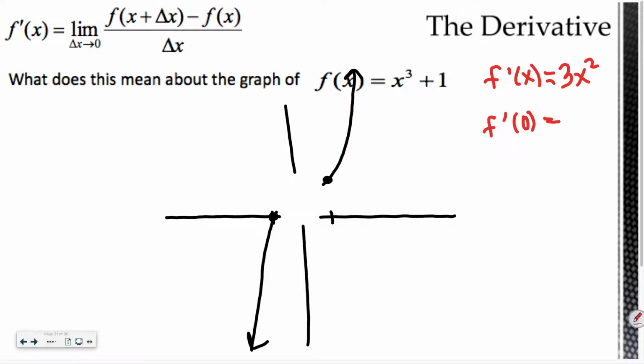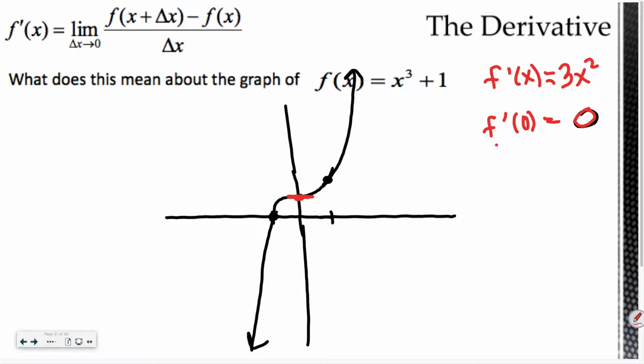What do I get when I plug in 0? We get 0, right? 3x squared when I plug in 0 is 0. That's because we have a slope of 0 at 0. It kind of flattens out and then it goes again.